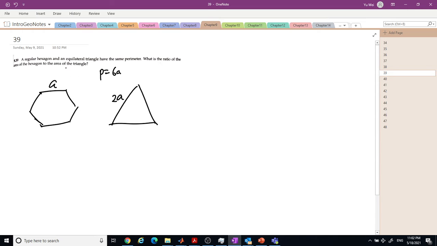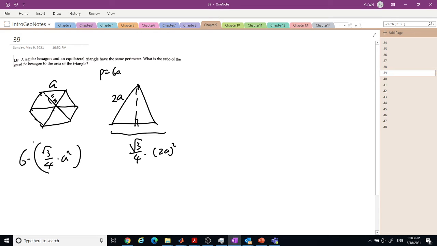So what is the ratio of the areas? The area of an equilateral triangle is √3/4 times the square of the side. The regular hexagon is cut into 6 equal equilateral triangles, so its area is 6 times one piece, which is √3/4 times a squared.